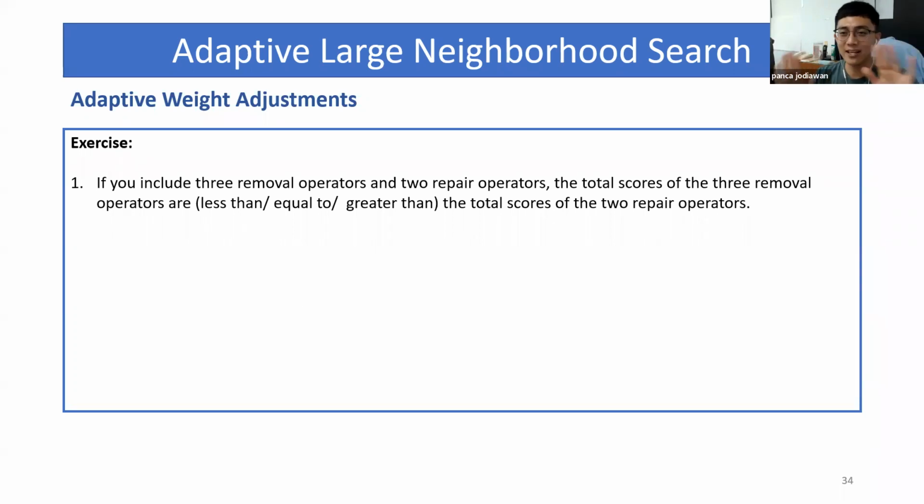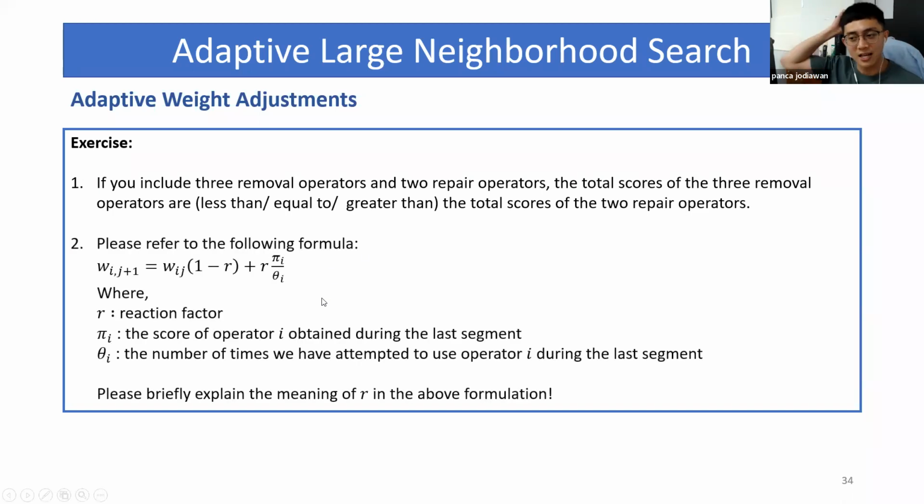So here what I ask is the total scores. The scores will not go anywhere. They will just go to a specific removal operator or a specific repair operator, but the total scores are still the same. Okay. Then maybe I will try to answer this one because it's quiet.